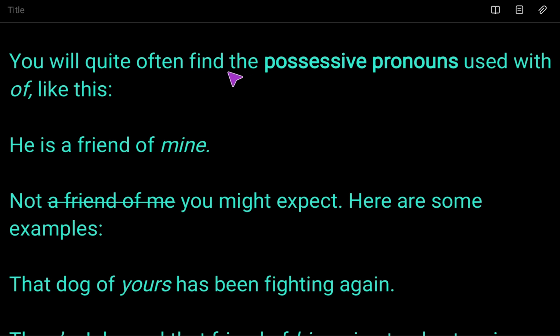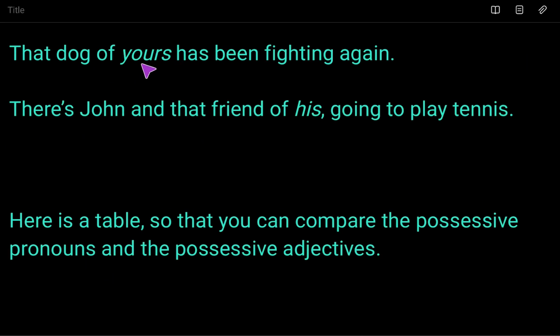You will quite often find the possessive pronouns used with of like this. He is a friend of mine, not a friend of me, as you might expect. Here are some examples. That dog of yours has been fighting again. There's John and that friend of his going to play tennis.